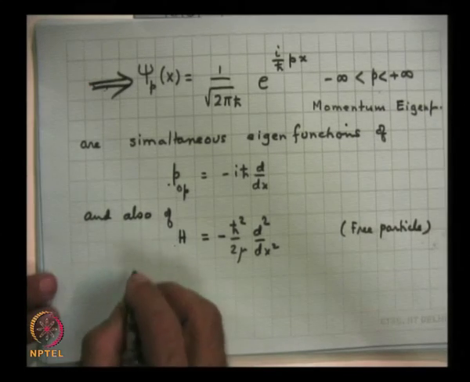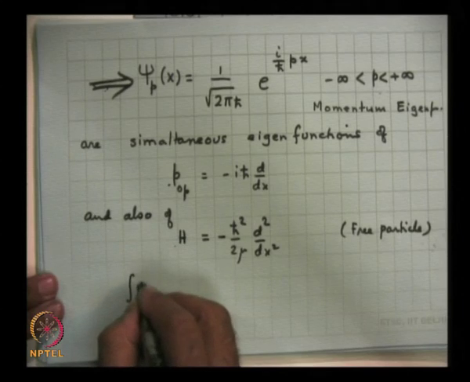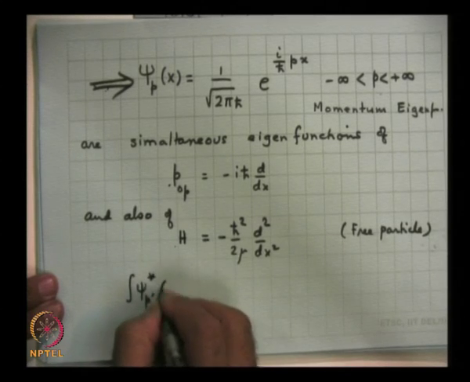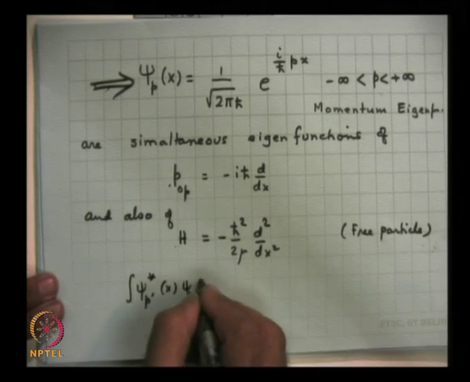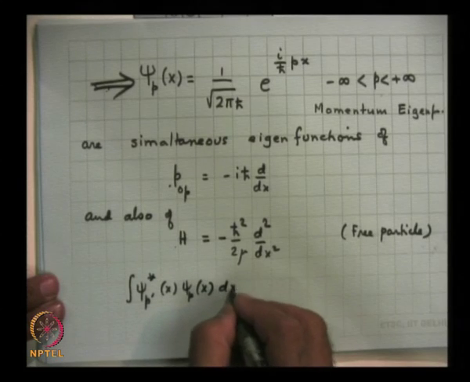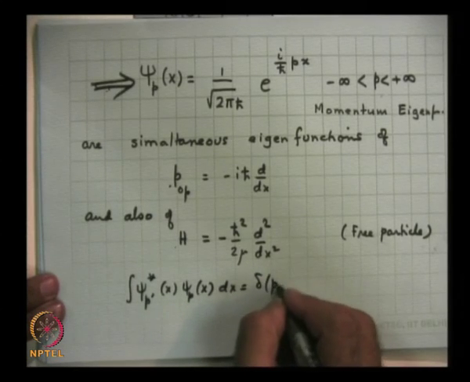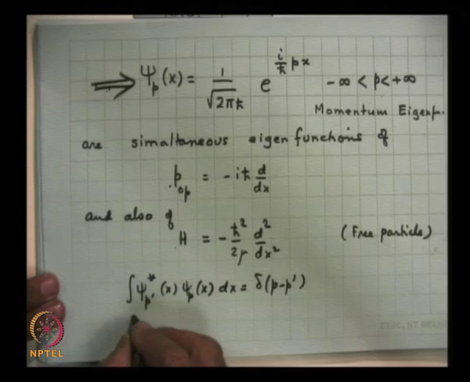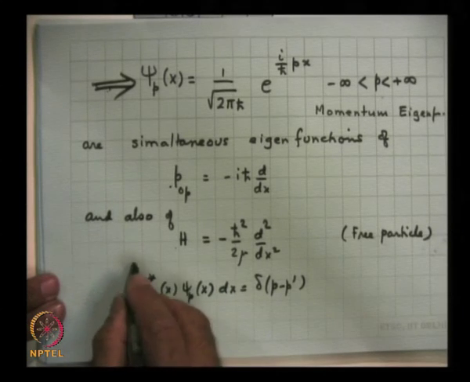And they form an orthonormal set, that is, the integral of psi p prime star of x times psi p of x dx is equal to the Dirac delta function p minus p prime, with all limits from minus infinity to plus infinity.